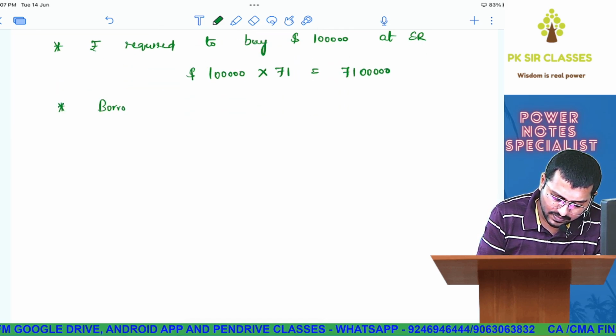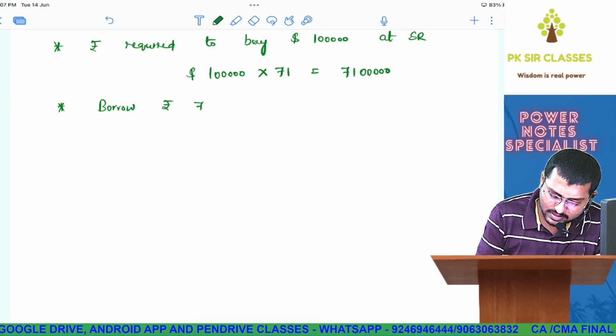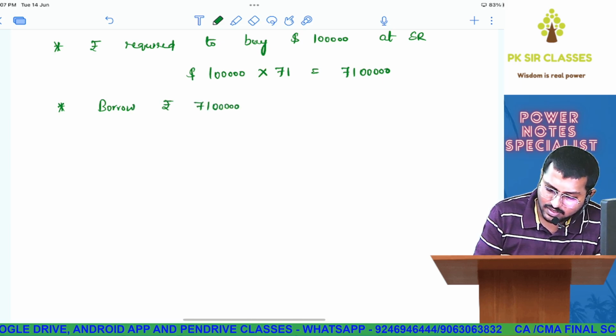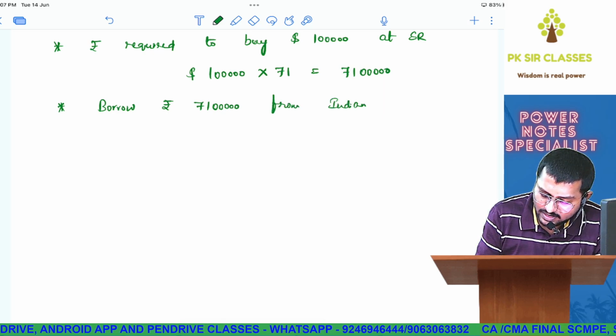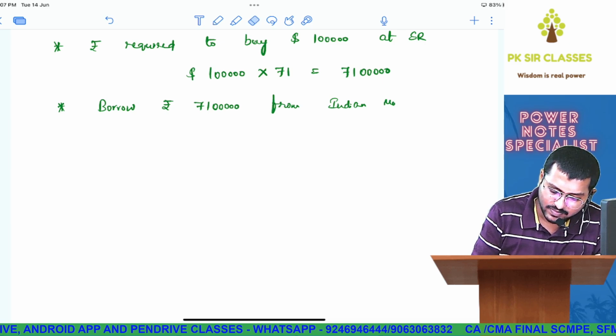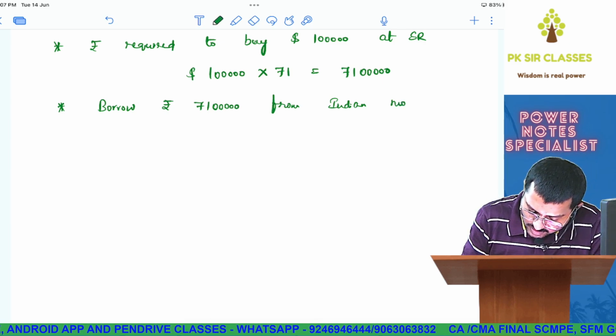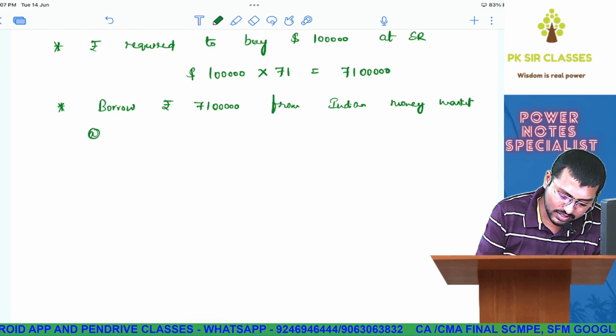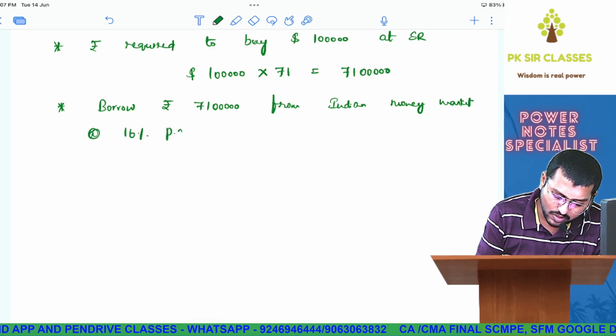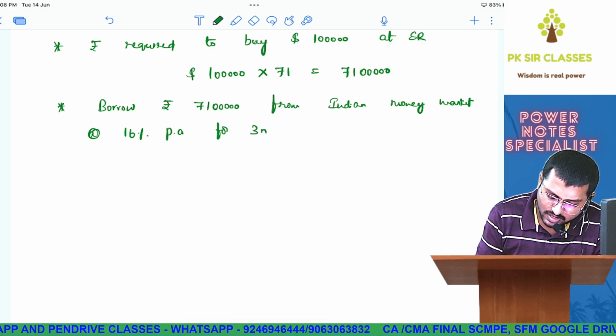Borrow rupees 71 lakhs from the Indian money market. What percentage? 16%, because it is a loan per annum. For how many months? 3 months.